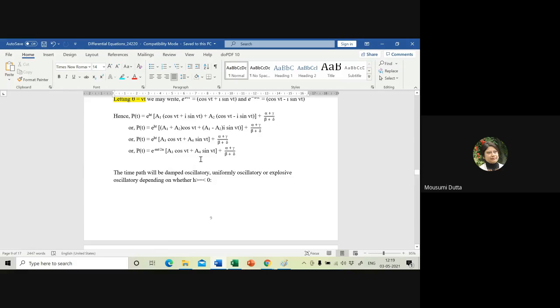Along with cos Vt and sin Vt, the factor e to the power -mt/2n is also there. So it is changing the length of the lag, and finally we have the equilibrium. All this cyclical movement will take place around the equilibrium. So this is the idea.